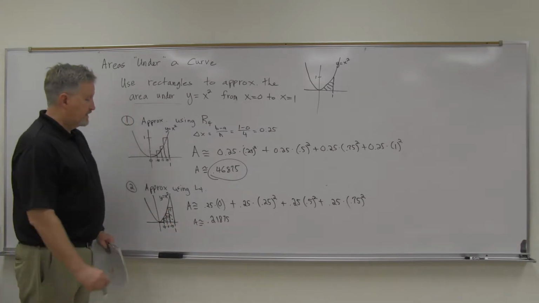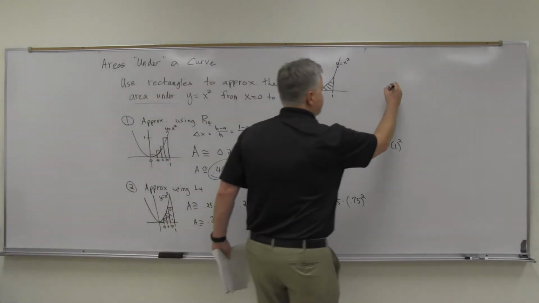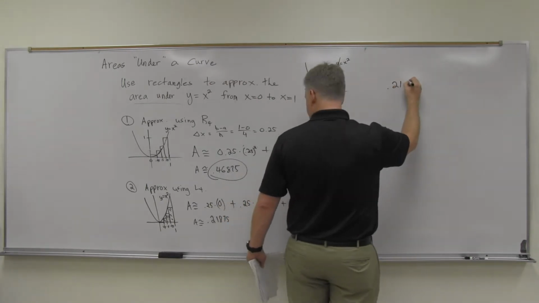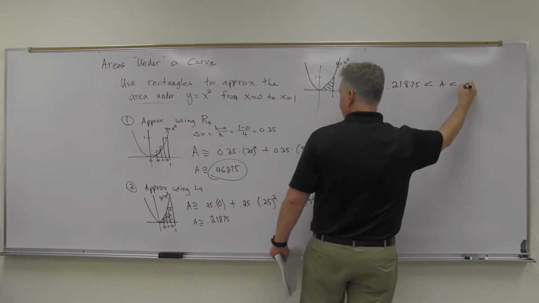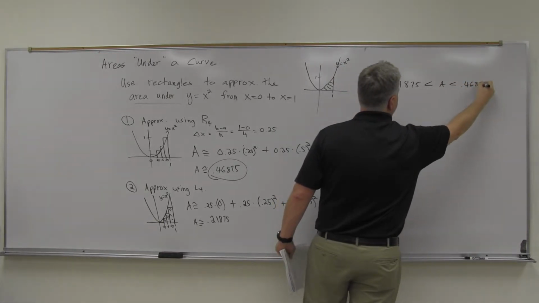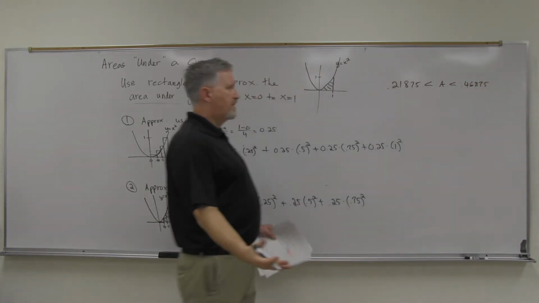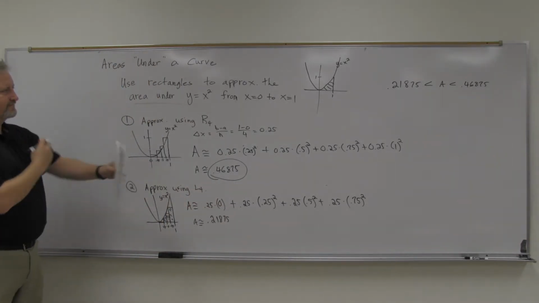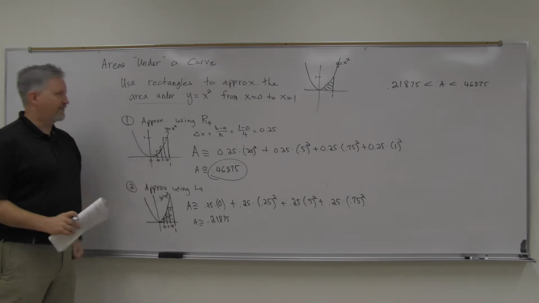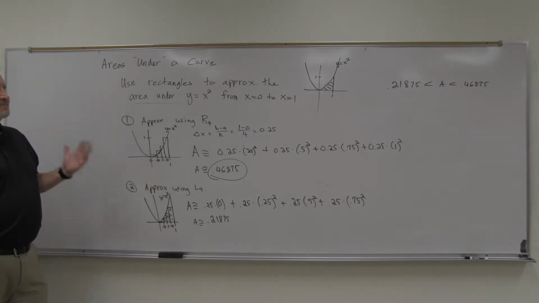So here's what I'm saying: the true area is somewhere between these two. That's not a whole lot of spread, but I'm only talking about one unit overall. We've got it pretty good. It's somewhere between those two.